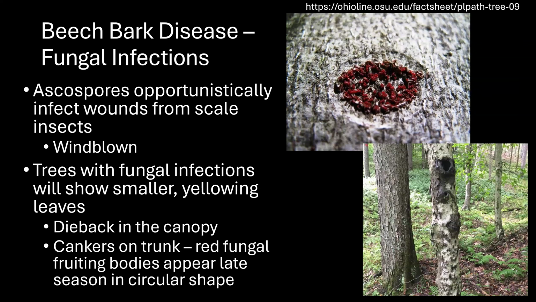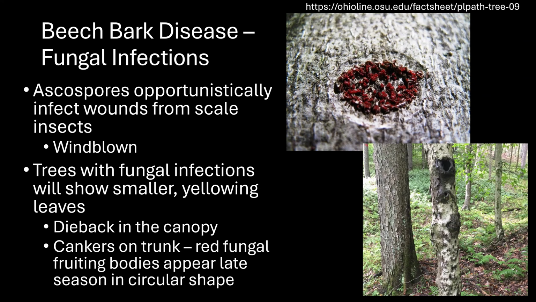So let's move into the second phase, if you will. The beeches are infected by all these insects. Insects are leaving all these open areas where they've been feeding, okay? That's when you get fungal spores. Again, fungal spores are in the air.